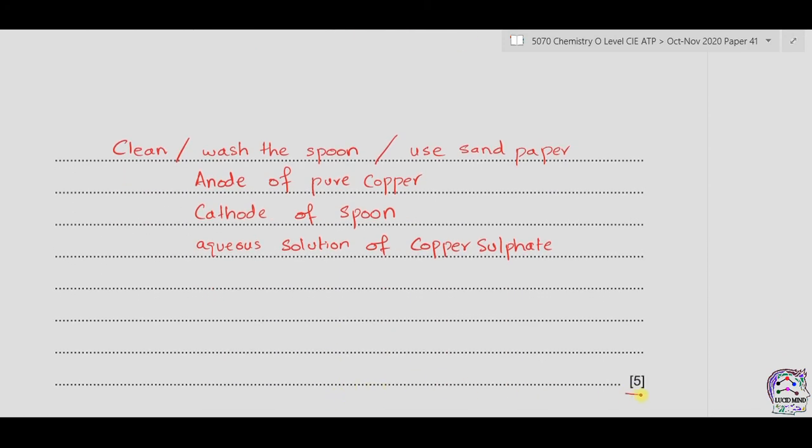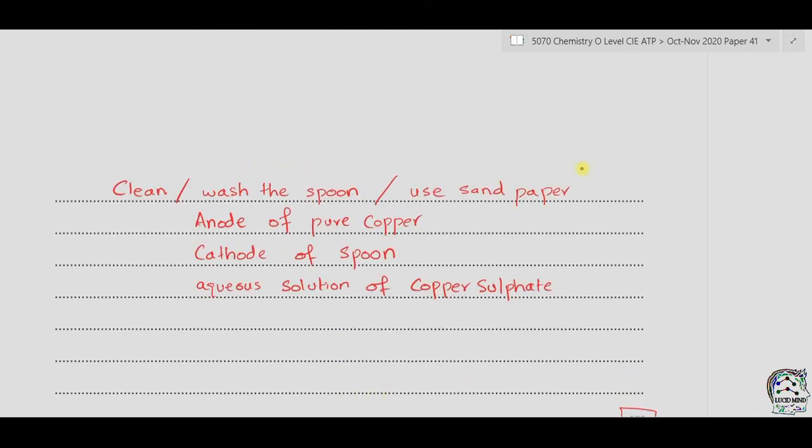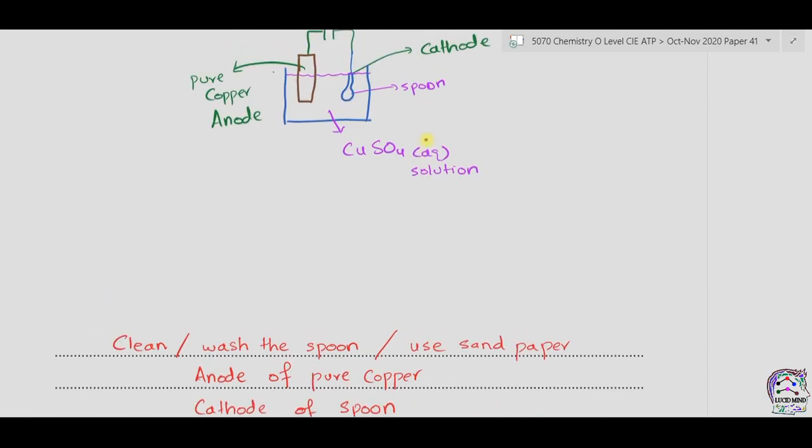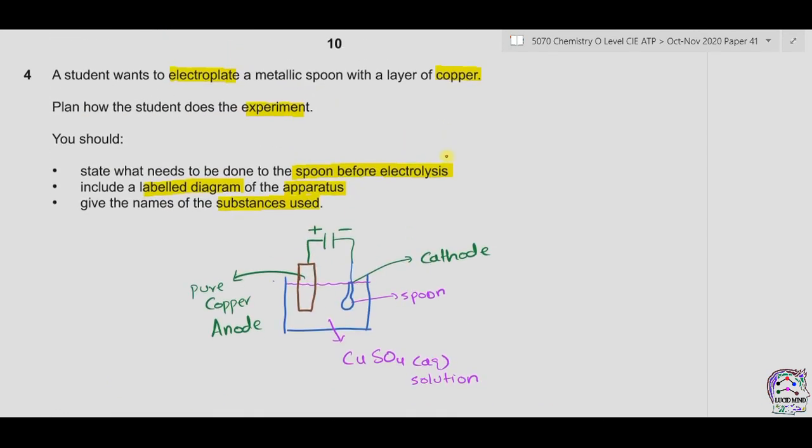Now this question has 5 marks in total, out of which 1 mark is for the first point, 1 mark is for the labelled diagram, and 3 marks are for the substances used.